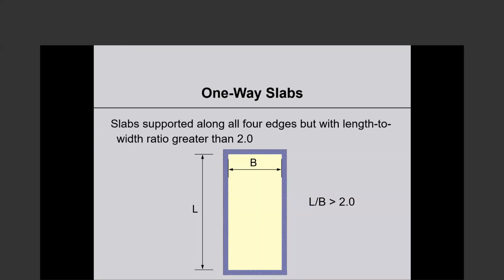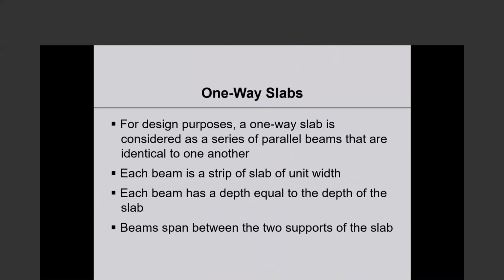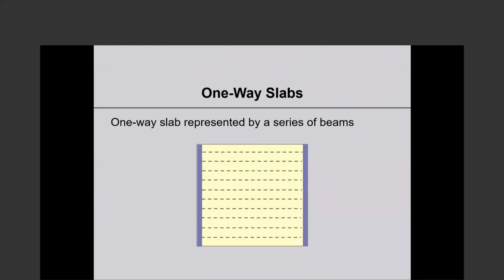And then we treat this slab supported on all four sides as a one-way slab, a slab like this. Okay. And a one-way slab is like a series of beams supported on the actual supports.